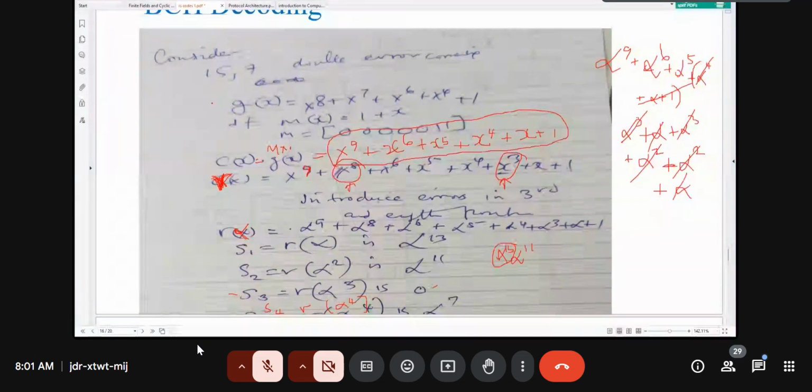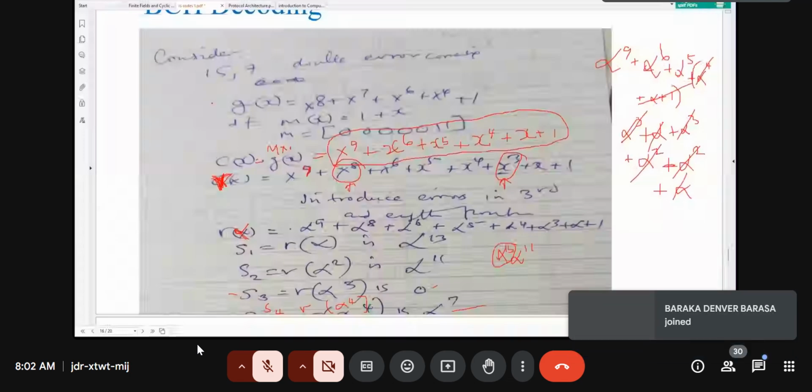In fact, why don't we do it for this one? Maybe it will make some sense. So the first term, see how you get alpha to the 7. So if you do it for alpha to the 4, this will become... Yeah.